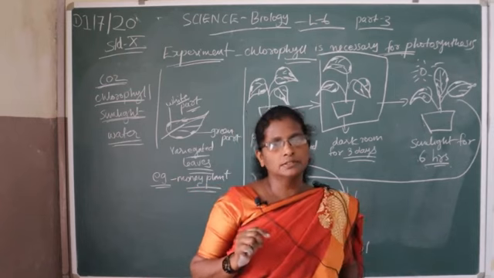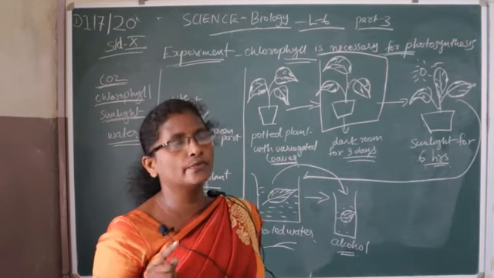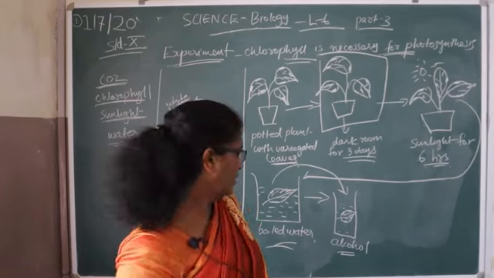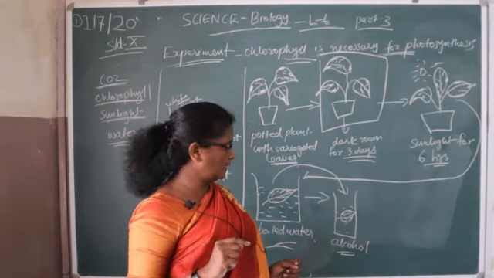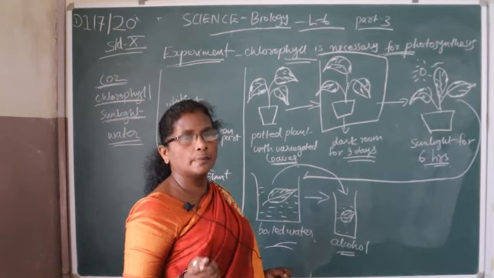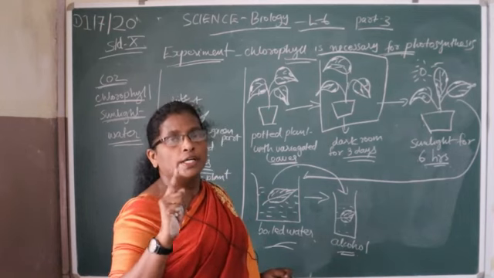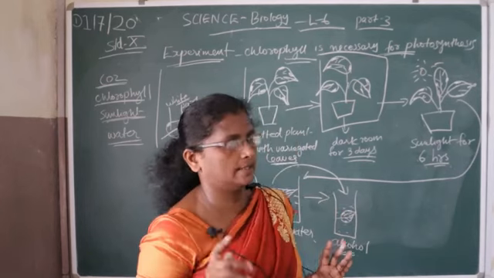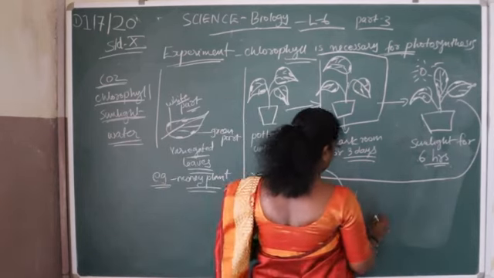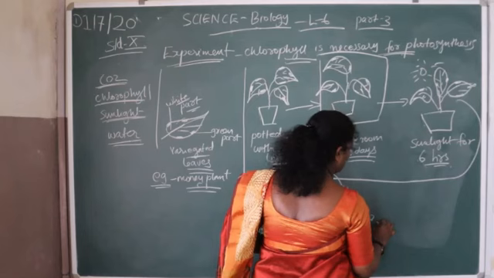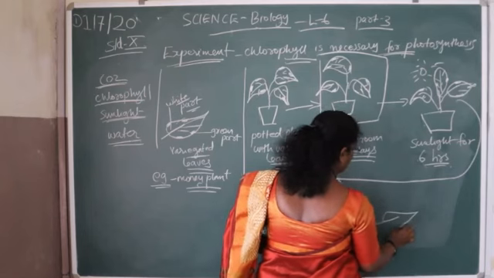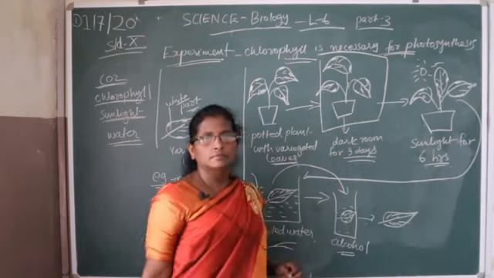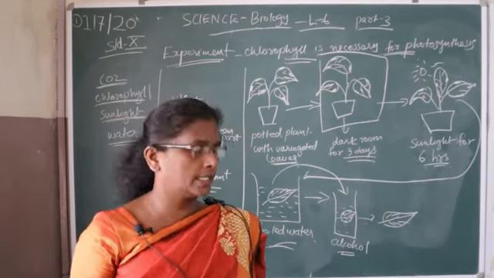You know what chlorophyll is? Chlorophyll is the pigment that gives the green color to the leaf. When we put this leaf in an alcohol containing beaker, the chlorophyll is removed from the leaf and the leaf becomes decolorized.